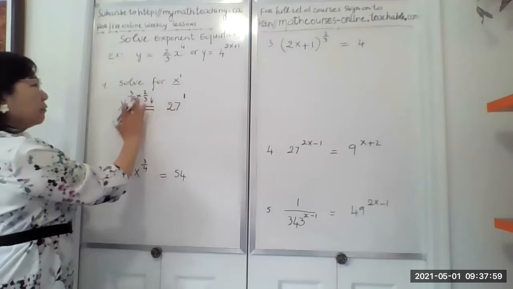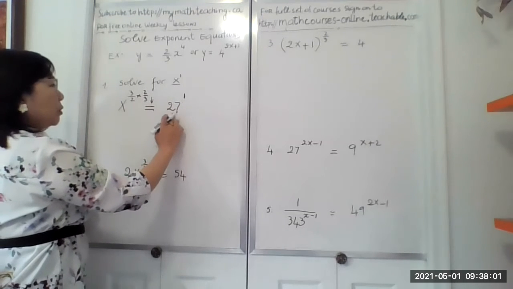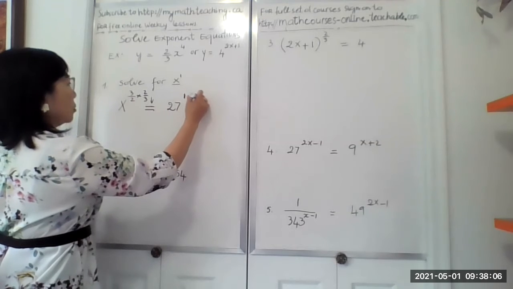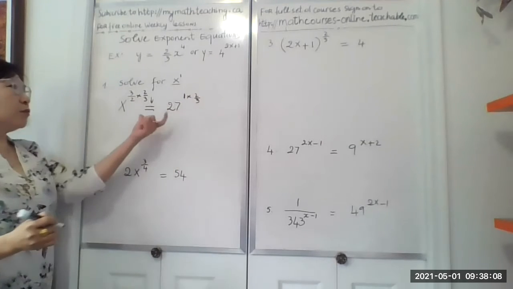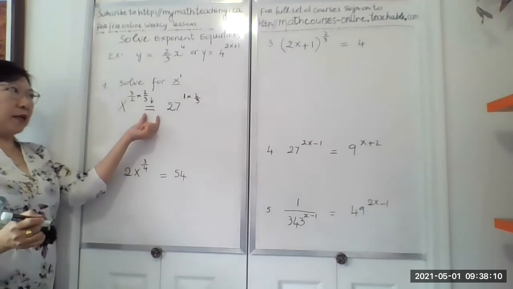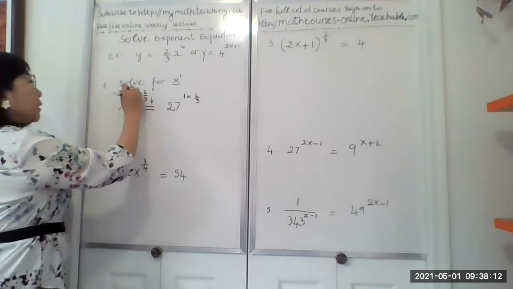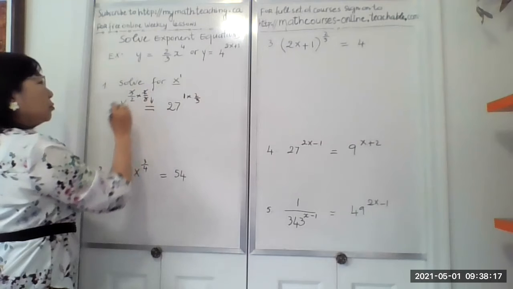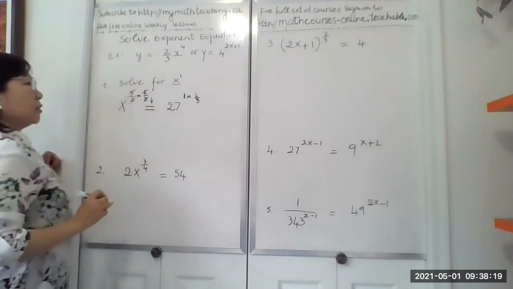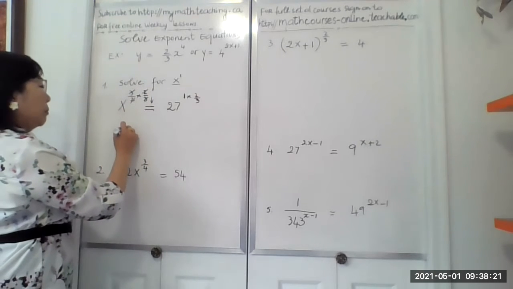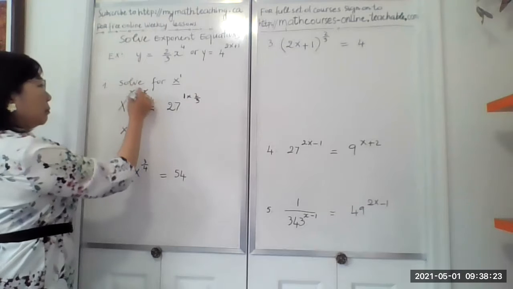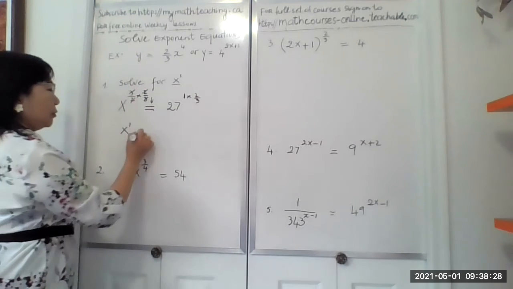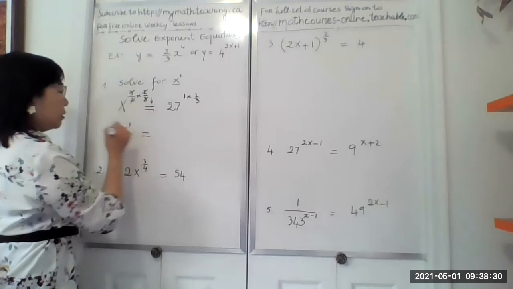To compensate, 27 to the power 1 here also has to be multiplied by 2 over 3. By doing that, the scale still balances. At this point, I can cancel the 3 on top with the 3 at the bottom, and the 2 on top with the 2 at the bottom. I will be left with x to the power 1 because everything cancels. Now by doing that, I get rid of that.